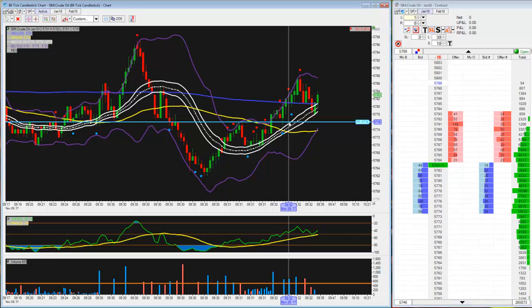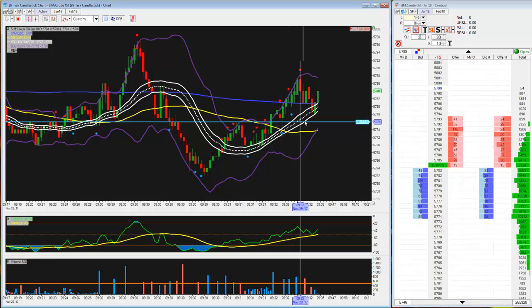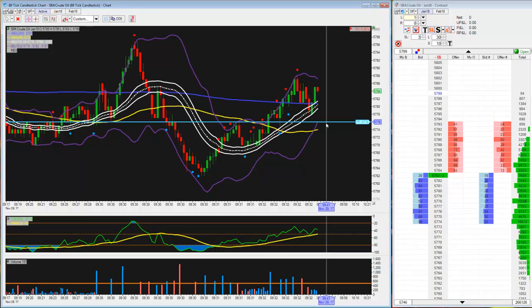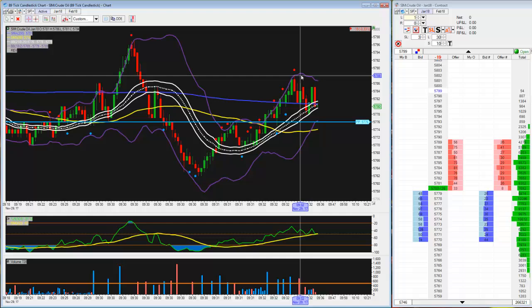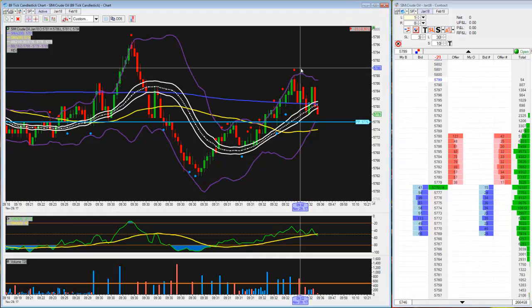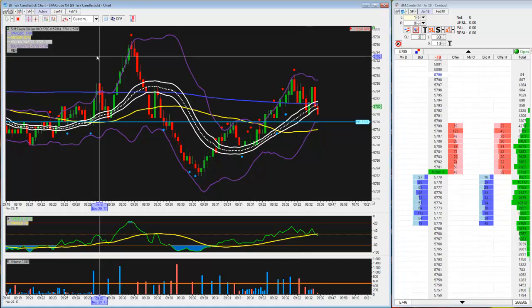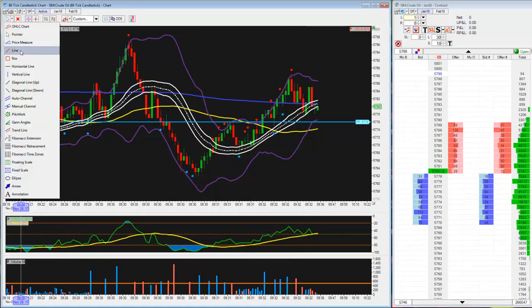Right, and this is because of the pivot. And you want to attempt the long above the 80 mark, so 57.90 to go long.